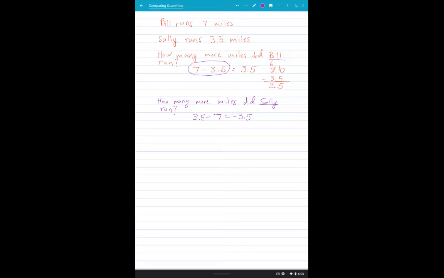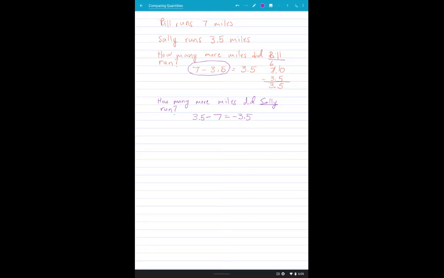I want you guys to see how, with us changing the order, the problem went from third grade to a 7th grade problem. Okay. This is the old way of comparing numbers.